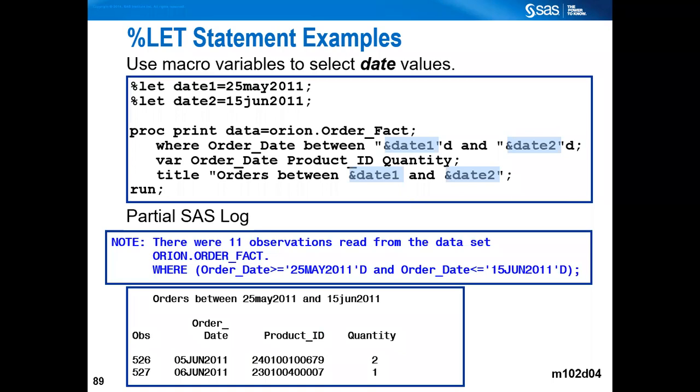Now here also, see, you are creating macro variables where you are subsetting the data with order date between day1 and day2. Now for this day1 and day2, you are creating two macro variables, and the values are calendar dates in the form of date9. And you know, in SAS, your dates are always saved for this column as numbers.